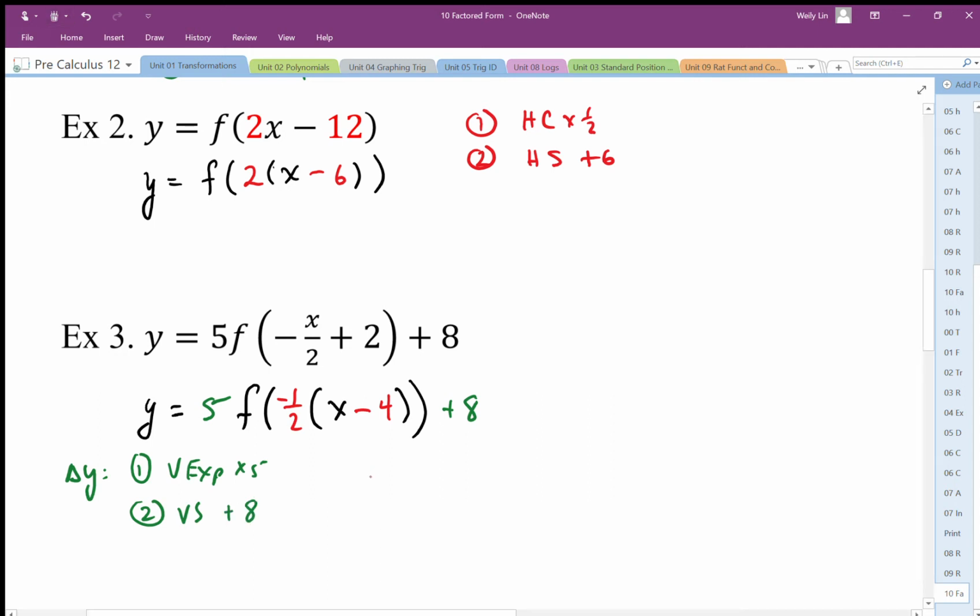My change in x, okay, the first thing that's going to happen is, since it's factored form, it only works, it doesn't work here when it's not factored, but once I factor it, I'm going to have my horizontal flip, I'm going to have my horizontal expansion by 2. Okay, divide means to do the opposite.